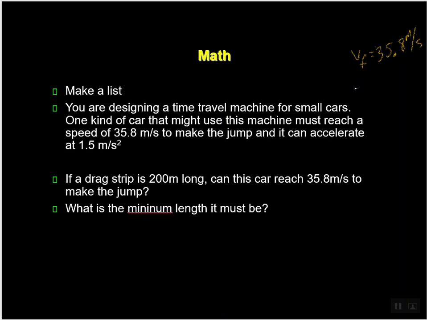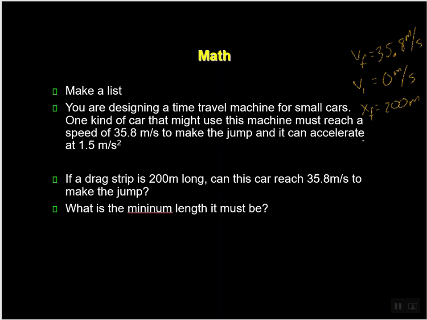One of the things they don't tell us is the initial velocity. And when they don't give you initial velocity, typically we're going to assume that just means it's starting from a standstill. So we're going to say 0 meters per second here. They tell us the drag strip is 200 meters long. So XF, and we'll get into this quite a bit today, is 200 meters.